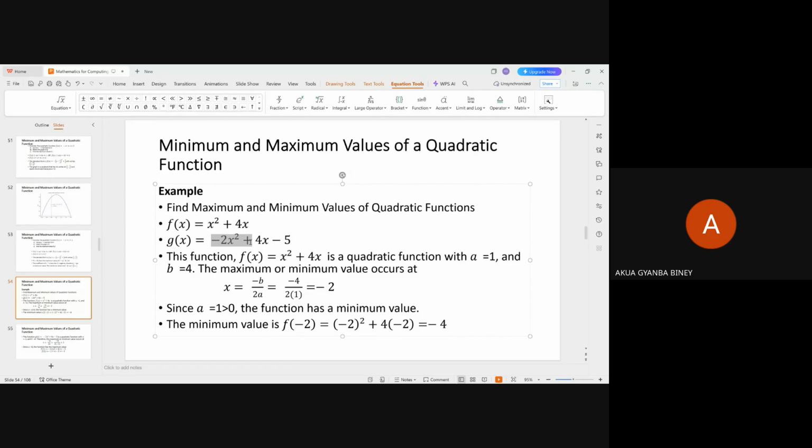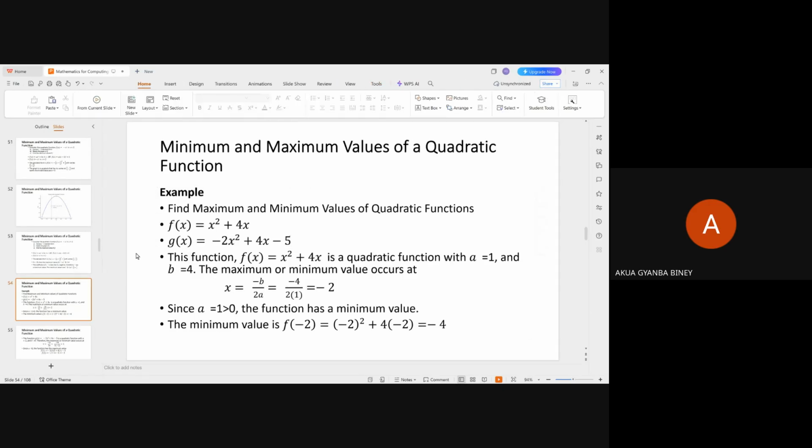Now, when you look at the function g of x, it would have a maximum value because minus 2 is less than 0. So the parabola opens downwards. But here it didn't ask you to draw, so no problem. So what's the maximum value for g of x? Okay, x is equal to minus b over 2a.